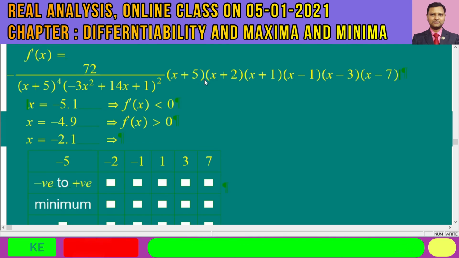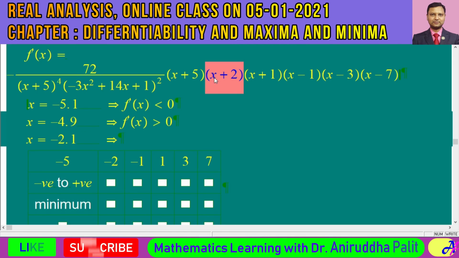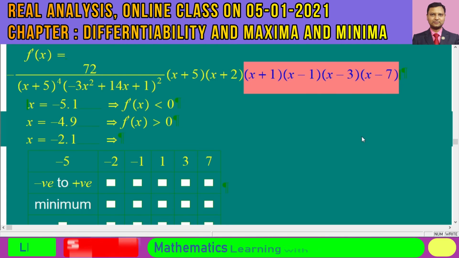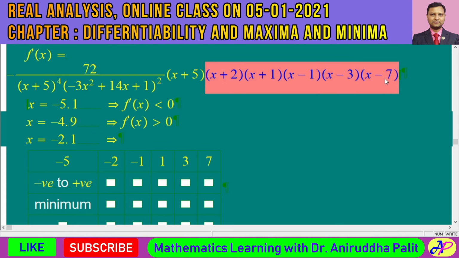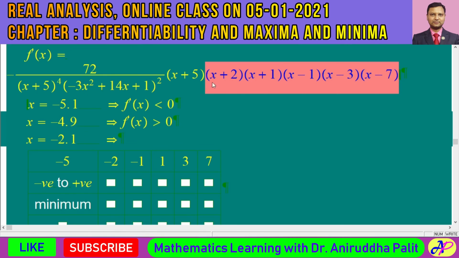at the point x is equal to minus 2.1, this would be a positive expression. This factor would be a negative expression and all the remaining factors would be negative expressions. So five negative factors, one positive factor, that means altogether a negative quantity.